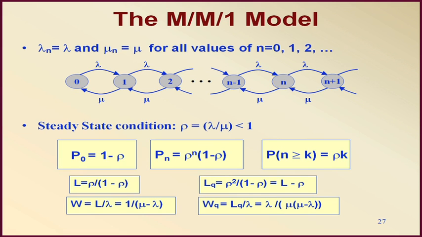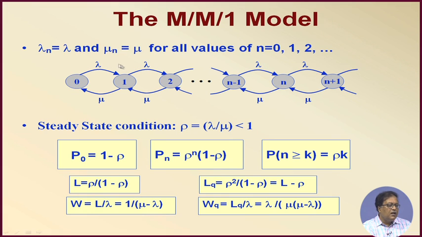In our previous class we have already seen that in a typical MM1 model, the birth and death rate diagram will look exactly like this. These are the states 0, 1, 2, then n minus 1, n, n plus 1.